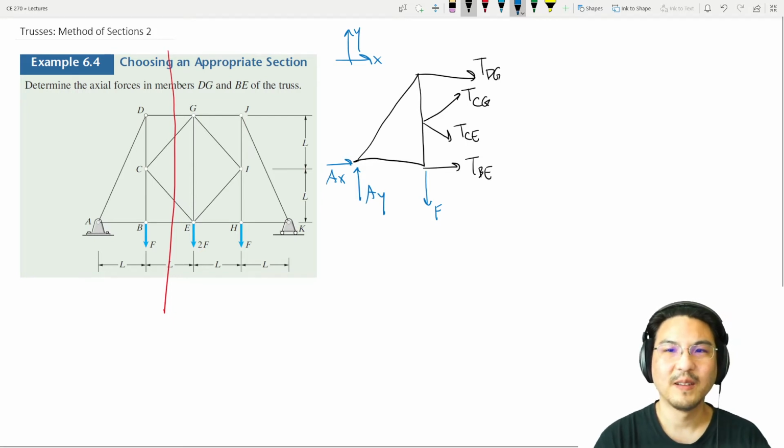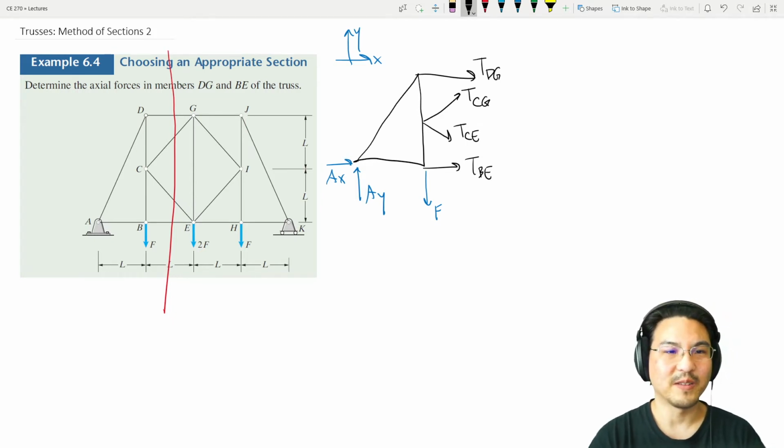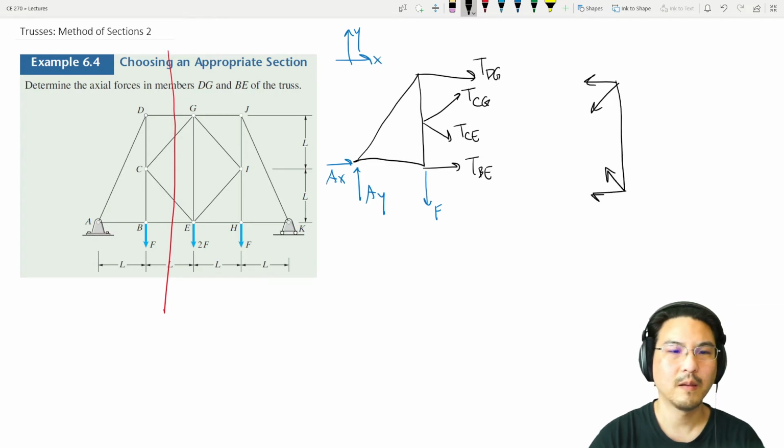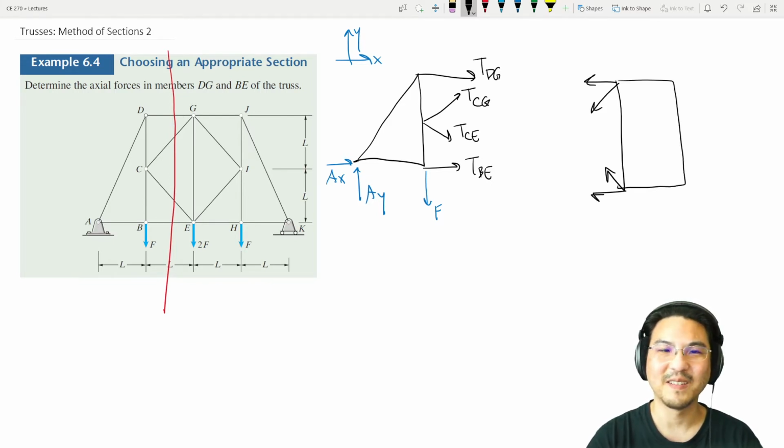Okay. And the other section, the right side section, would look like this. And let me finish drawing other stuff here and here.